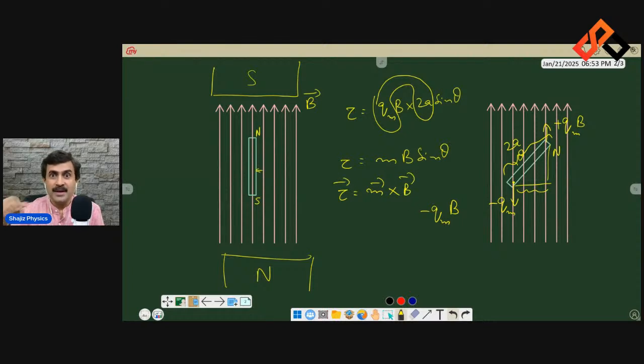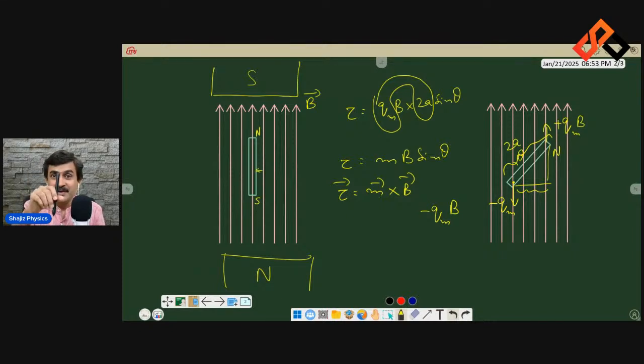Now again, in rotating the magnetic dipole through an angle theta, you have to do work against this torque, because torque is trying to bring it back to the most comfortable position or the equilibrium position.